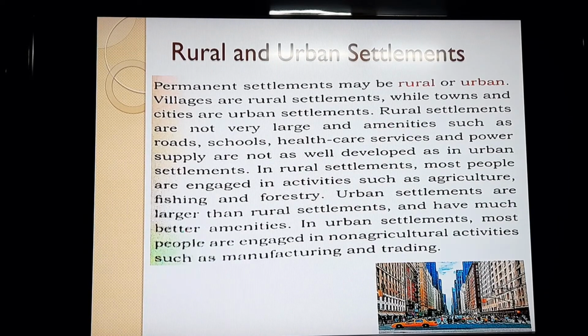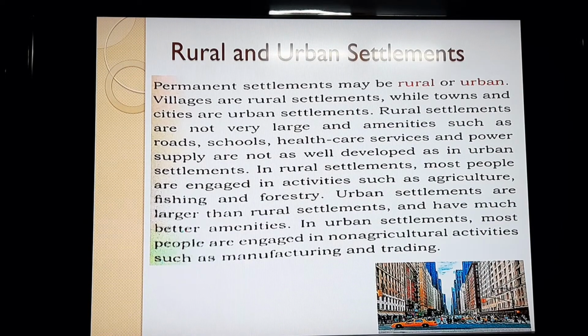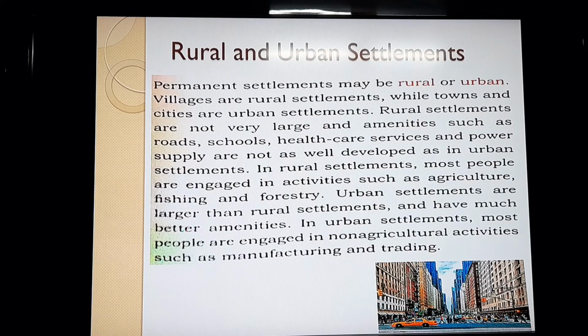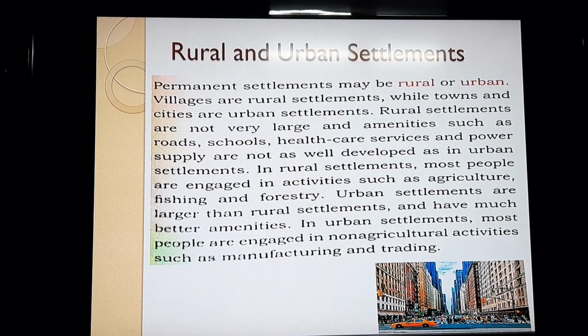Rural settlements are not very large and amenities such as roads, school, healthcare services and power supply are not as well developed as in urban settlements.